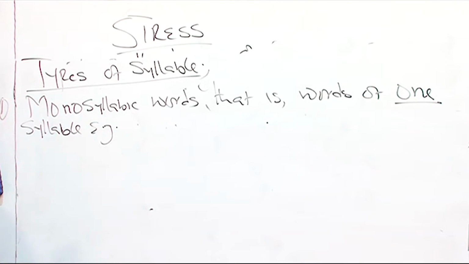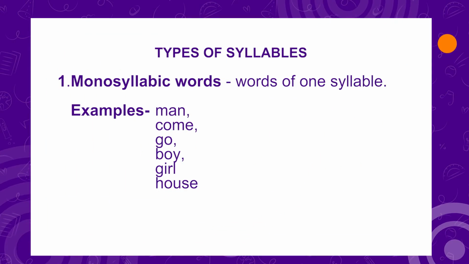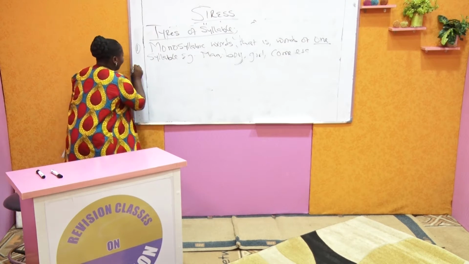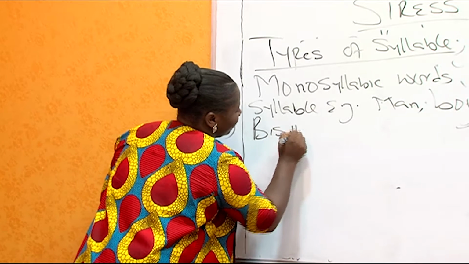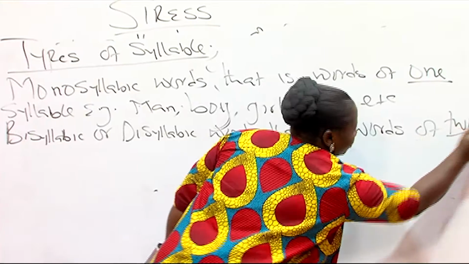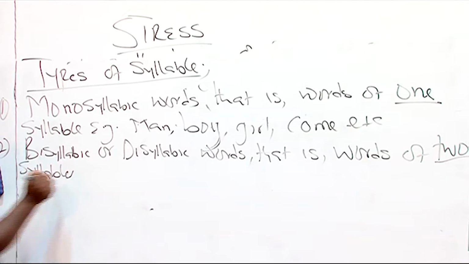Example, we have the word man, boy, girl, come, etc. Number two, we have bisyllabic words. Let's take note of that: words of two syllables.